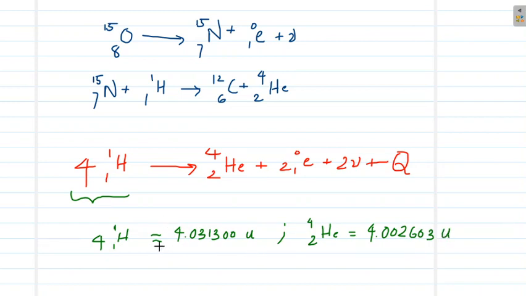So you can see here the mass that we initially have is not the same as that of the products that we have. Some mass is getting lost in this nuclear reaction process.